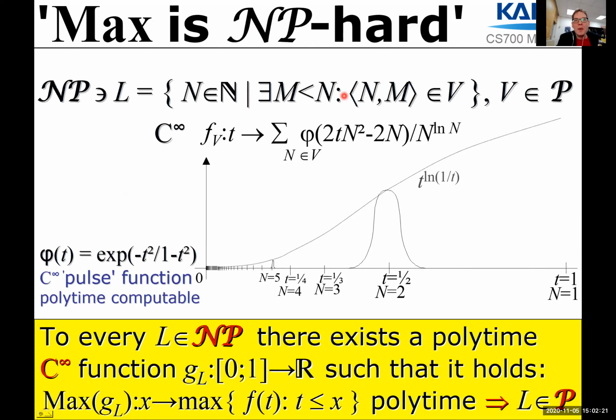And remember, a prototype of our NP problem is here, now with integer input of the following form: the set of all natural numbers n such that there exists a witness, which we here call capital M, and the witness must have size polynomially bounded in the length of the input.